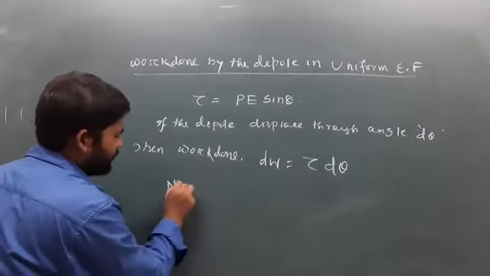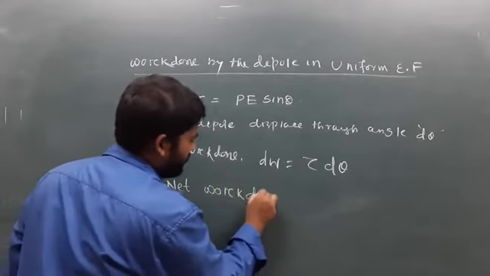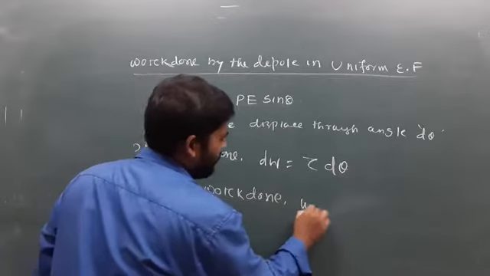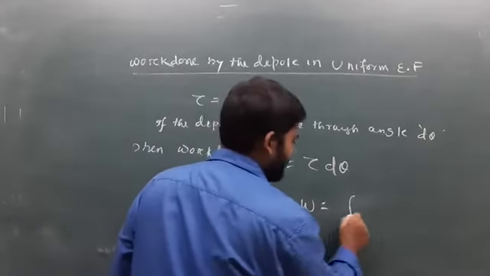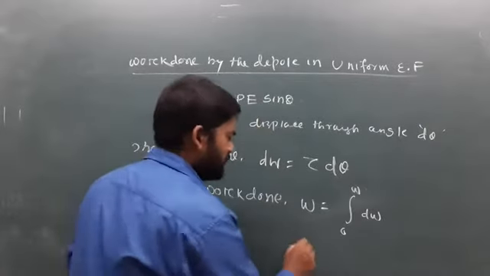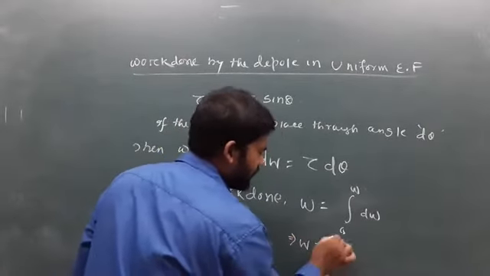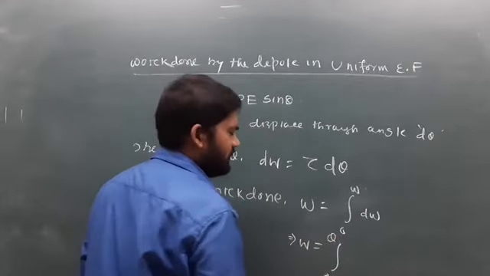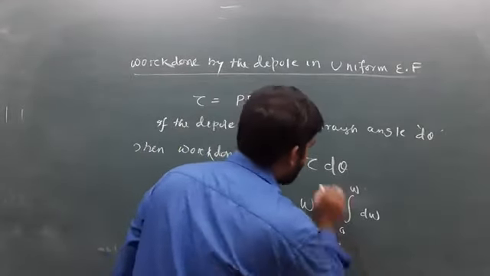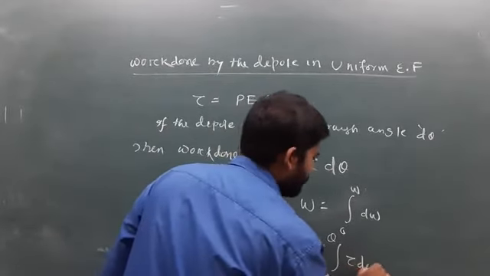So, what will be the net work done? The net work done W will be the integration of dW. So, W equals the integration from theta 0 to theta. Substitute the value of dW, that is tau d theta.